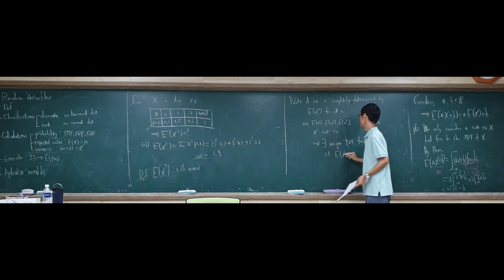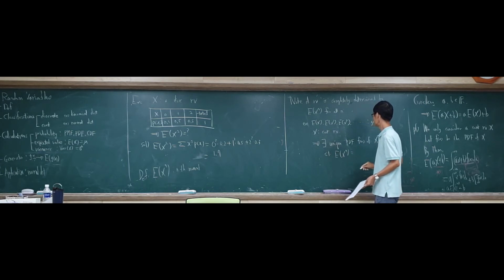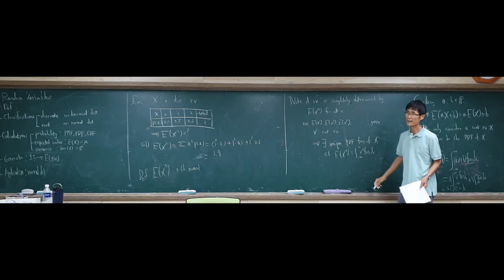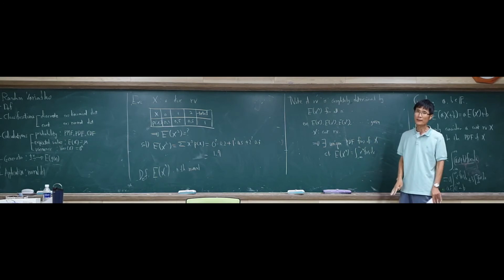E[X^n] is equal to the integration of x^n f(x). Actually I just want to tell you this result, but you don't need to understand what this means. It goes beyond our course. Anyway, if you study statistics later, you will see this.